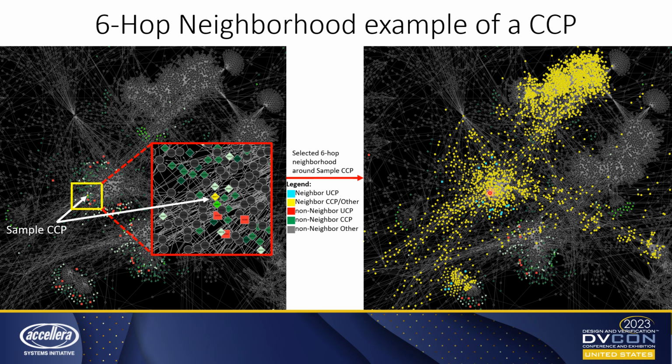which is sitting here. Now you might ask why these guys do not belong to the neighborhood of the CCP, although they are closer, while these nodes are farther but belong to the neighborhood.